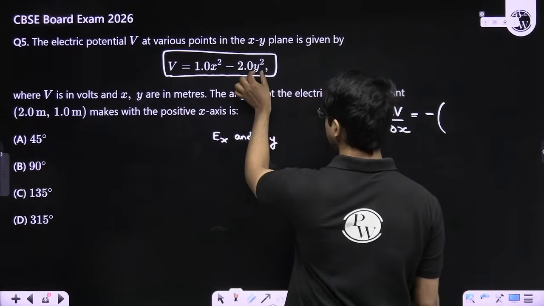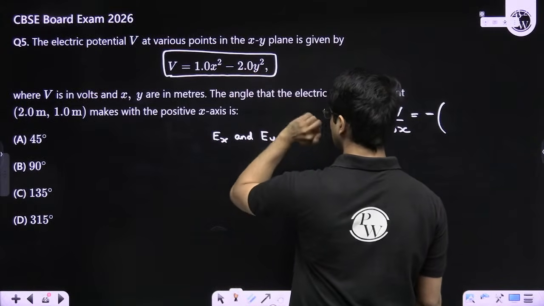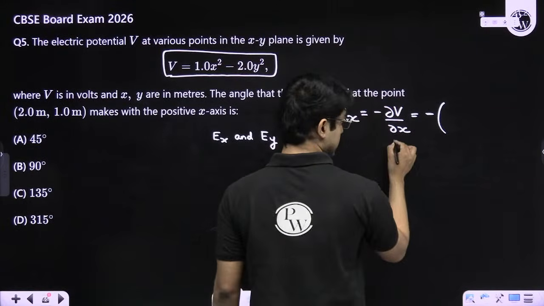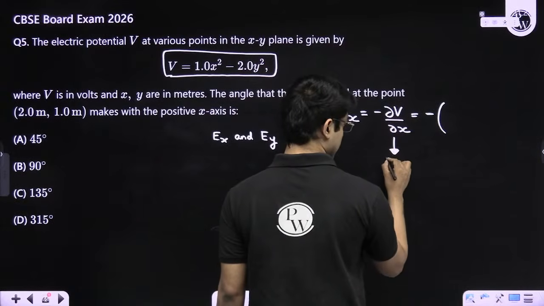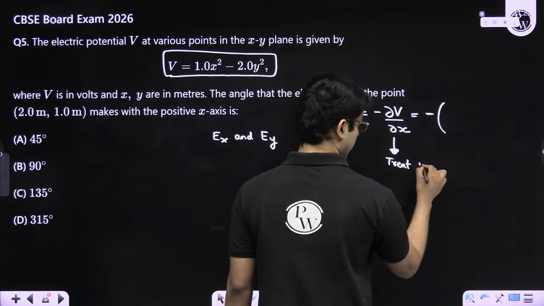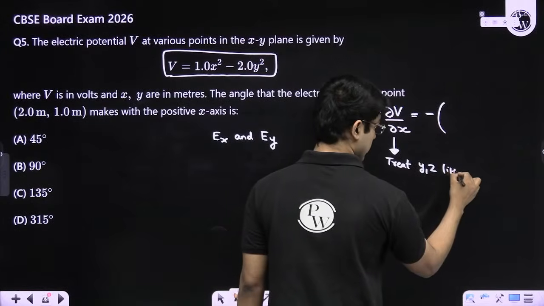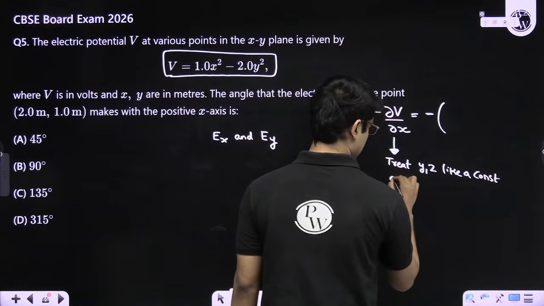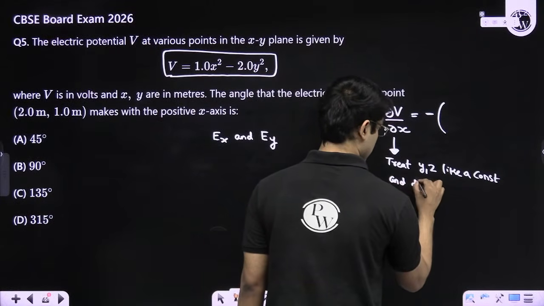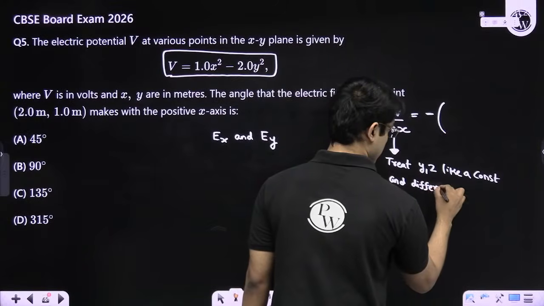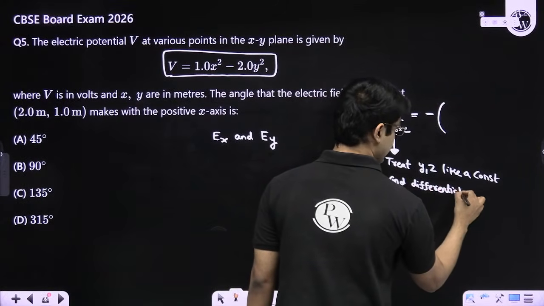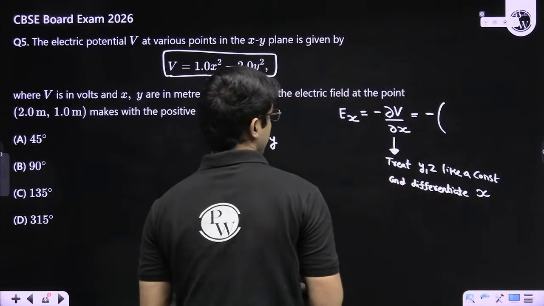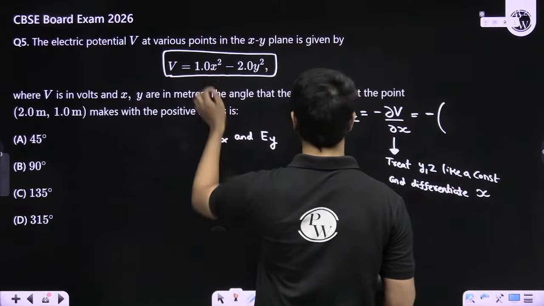So if there is y in the question, you have to treat it like a constant and only differentiate x. So this dou V by dou x means treat y, z like a constant and differentiate x normally. So here x square's derivative is 2x.